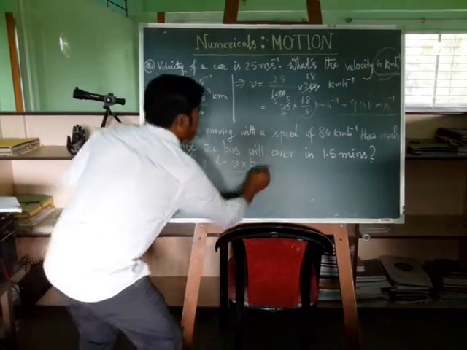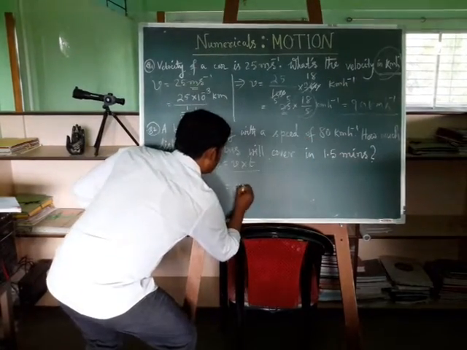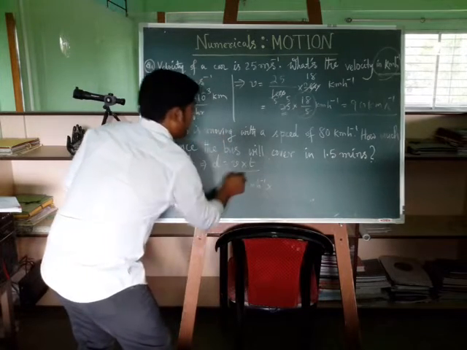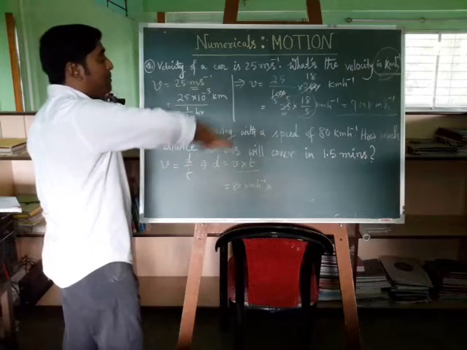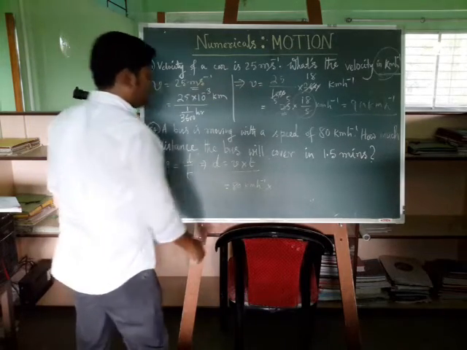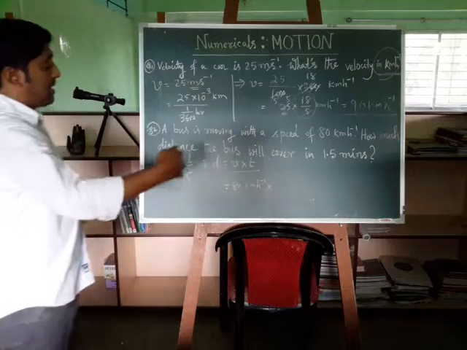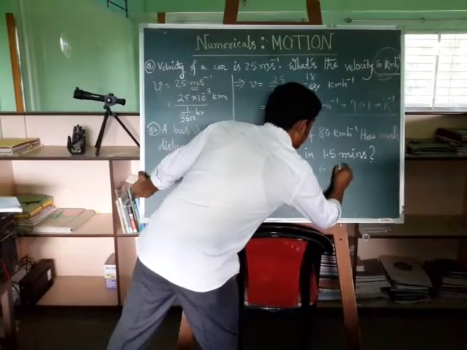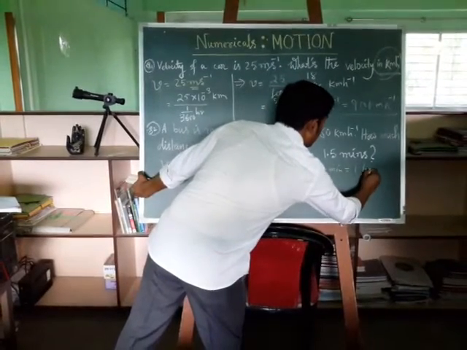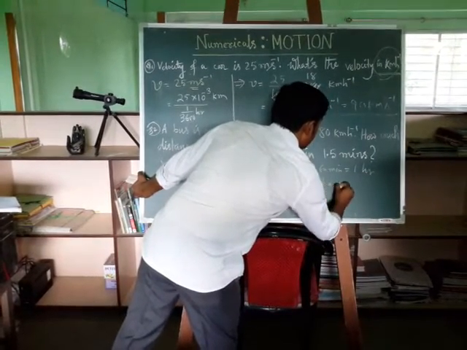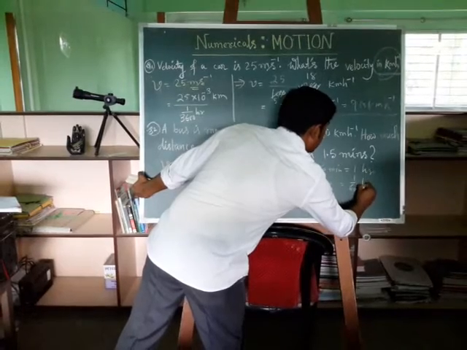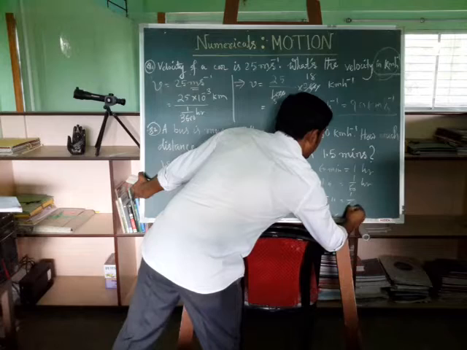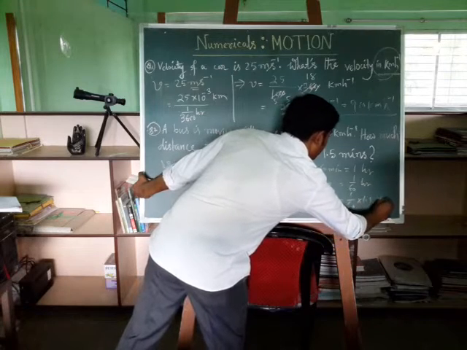So what is the velocity? Velocity is 80 km per hour. What is the time? Time is 1.5 minutes. The bus is going for 1.5 minutes. So 1.5 minutes means how many hours? You know that 60 minutes is equal to 1 hour. So 1 minute is equal to 1 upon 60 hour. So 1.5 minute is equal to 1 upon 60 into 1.5 hour.